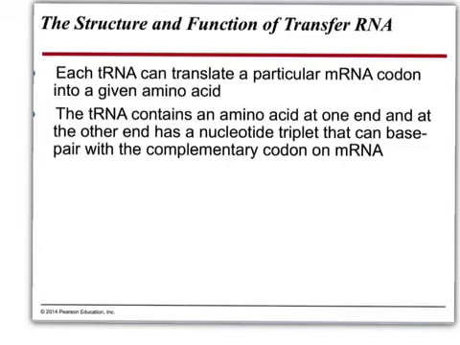We know there are 20 distinct amino acids, and how many possible combinations are there with a 3 base code? 64. But every amino acid has at least one specific anticodon, codon. So each tRNA can translate a particular mRNA codon into a given amino acid.